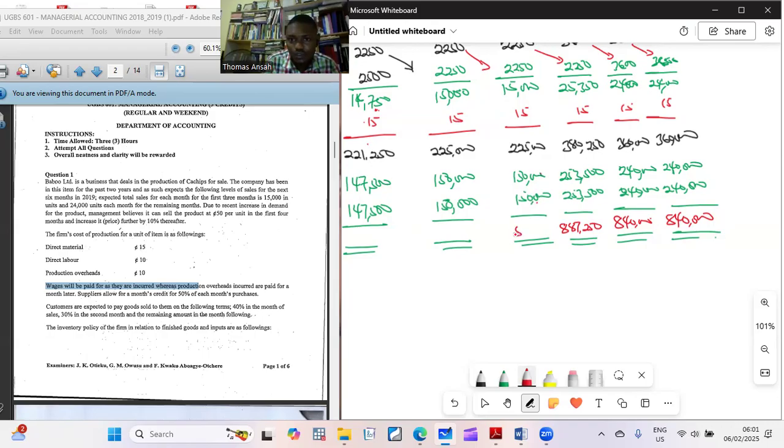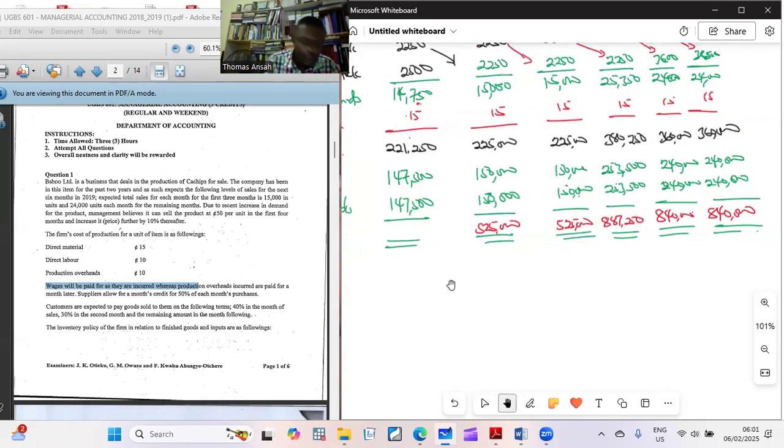So that makes it 525,000. Then this one I have 147.5 multiplied by 2, that is 295. Then I add 221.25. That gives me 516,250. So this is it.